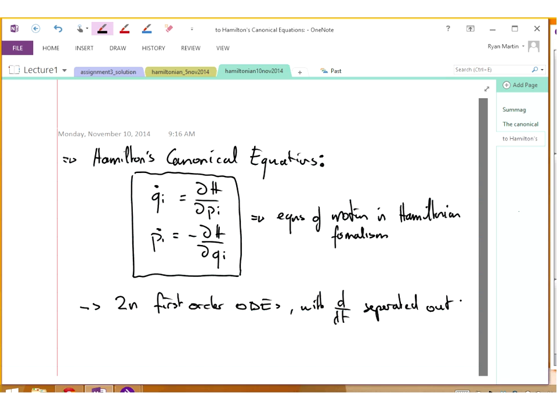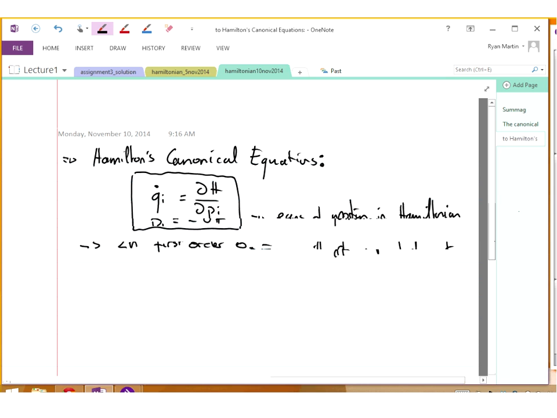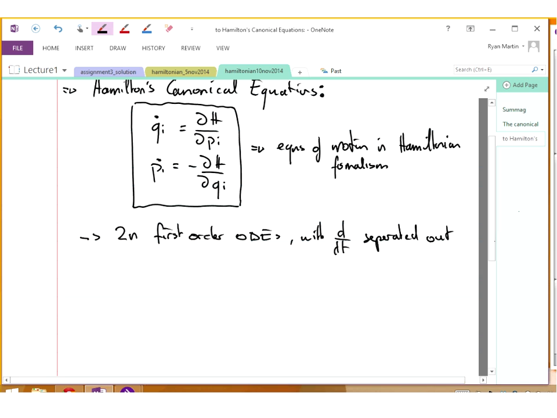You'll notice that if a coordinate is cyclic in the Hamiltonian, the conservation of the associated generalized momentum is trivial, right? If q_i is cyclic in the Hamiltonian, by that I mean that ∂H/∂q_i equals 0, then p_i is equal to a constant.